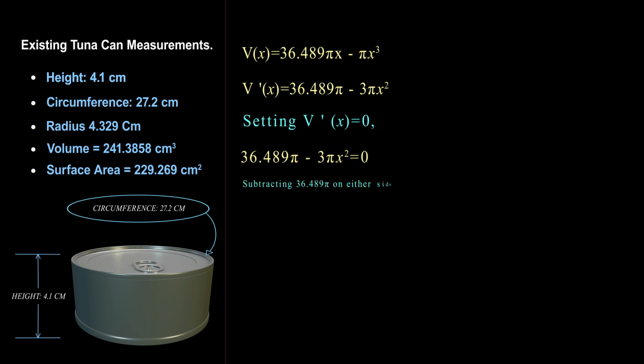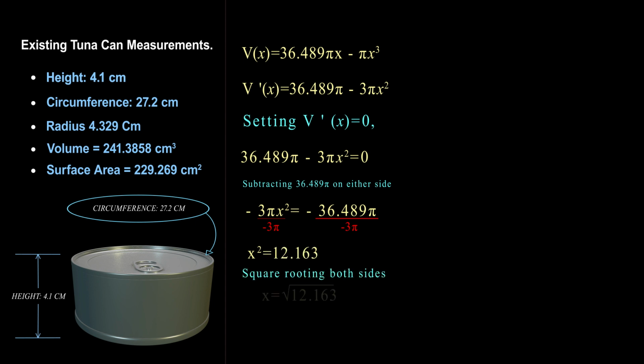Subtracting 36.489 pi on either side of the equation, we have negative 3 pi x squared is equal to minus 36.489 pi. We then divide both sides by negative 3 pi. We simplify this to x squared equals 12.163, square rooting both sides. x equals 3.488, which is precisely the same result we saw on the curve we graphed earlier.